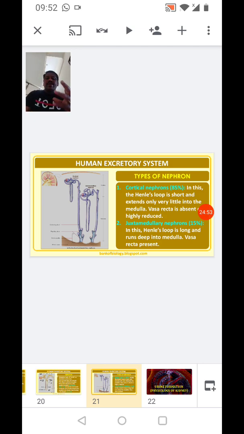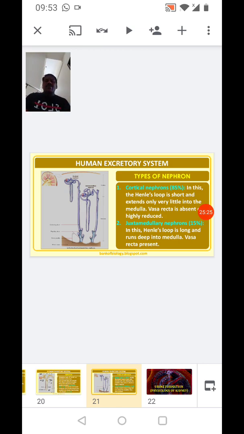Remember, each kidney is made up of 1 million nephrons. Each nephron has two parts: renal capsule or Malpighian capsule, and renal tubule. The renal capsule is again made up of glomerulus and Bowman's capsule. Glomerulus is a tuft of blood capillaries given by the efferent renal arteriole. And a double-layered cup-like structure is called Bowman's capsule.